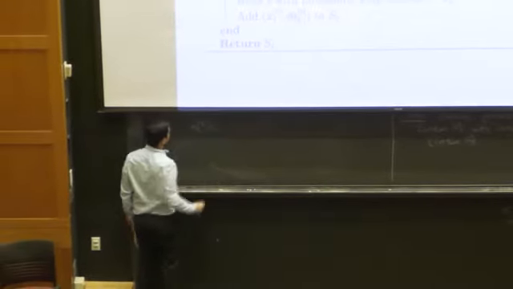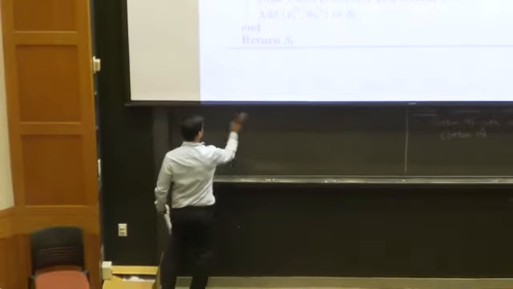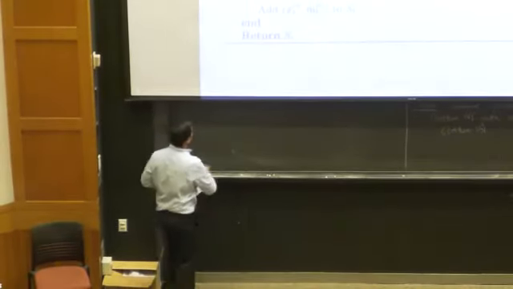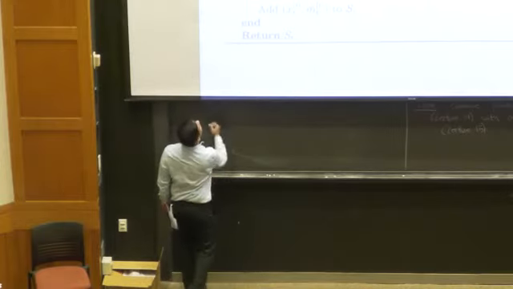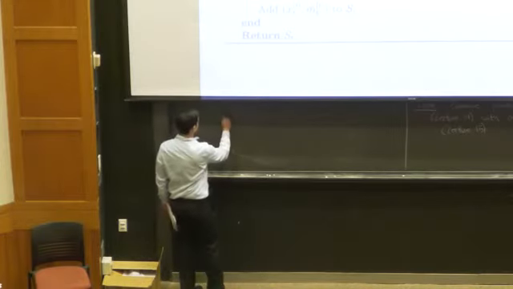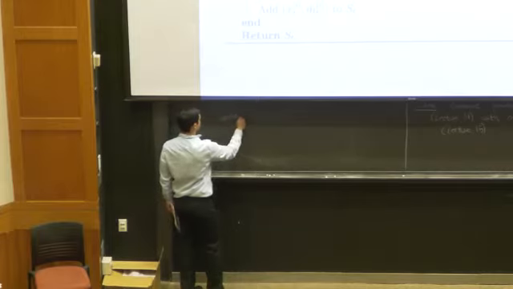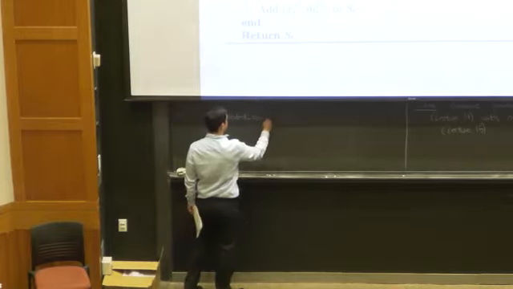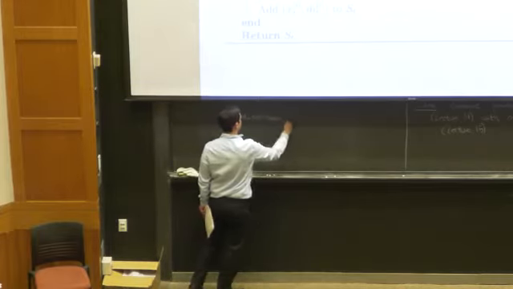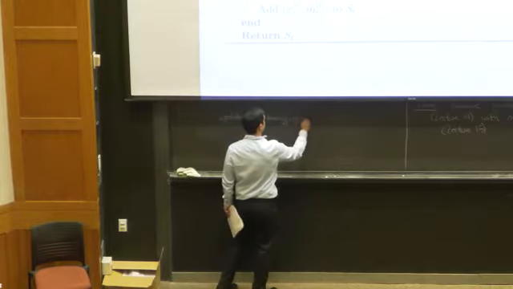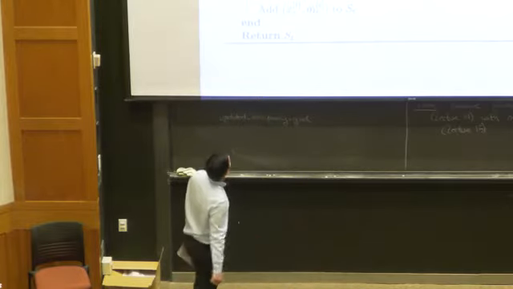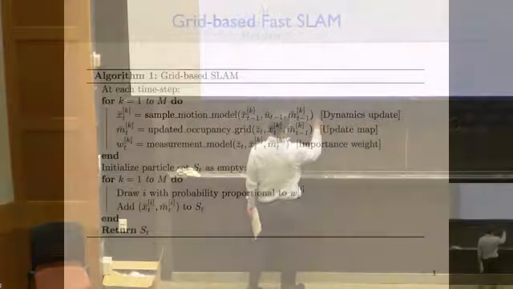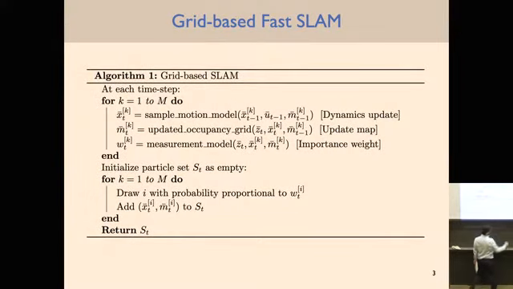Let me write it here: m_t^k, the updated occupancy grid map. So this is taking in as input the current sensor measurement.